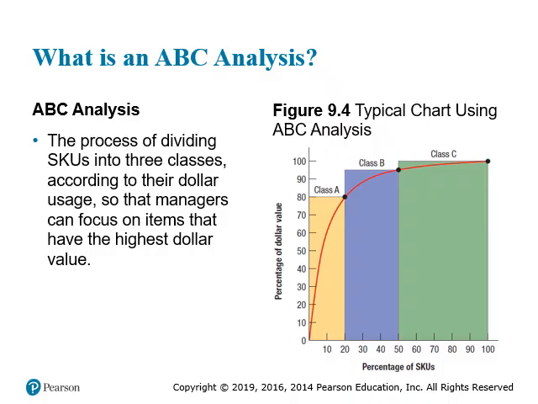In quality, we said 80% of the problems come from 20% of the causes, so you're going to focus your attention on the causes that are the big levers for improvement. And with ABC analysis, we're starting to say something similar.